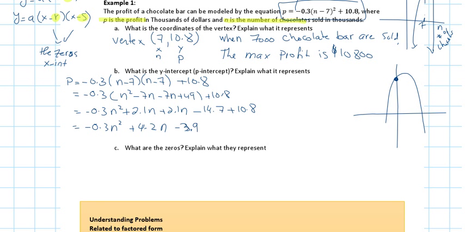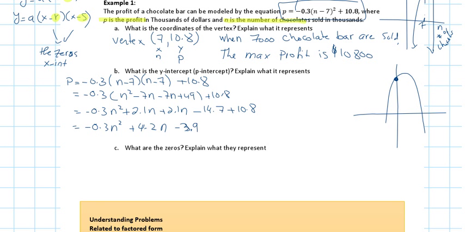Negative 3.9. So that means your y-intercept, which is your initial profit, is negative $3,900. What does it mean when I have a profit of negative $3,900?